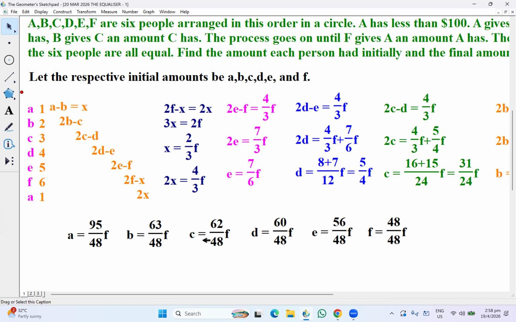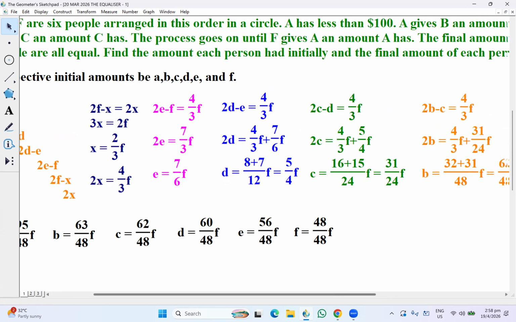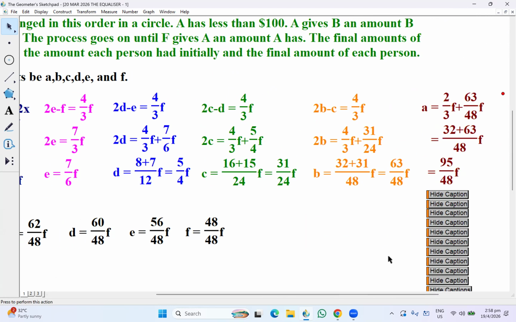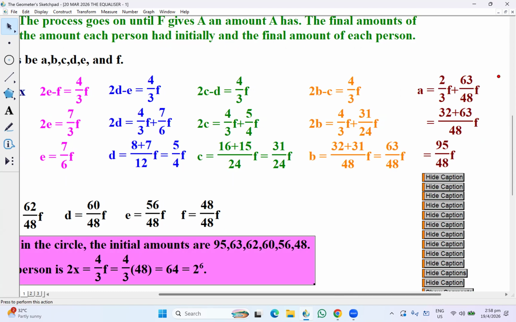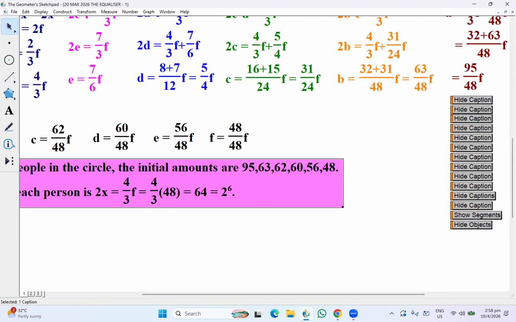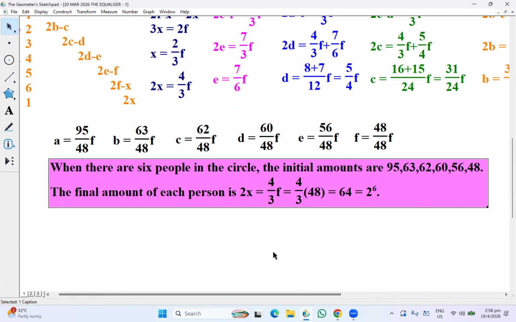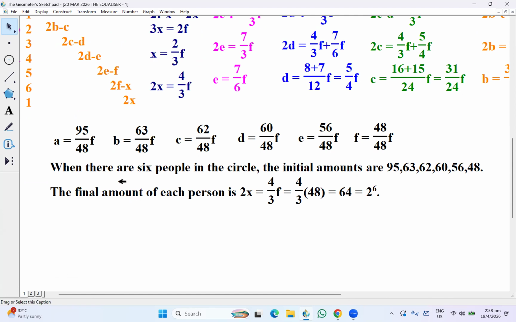Then you get 63, 62, 60, 56, 48. So when there are 6 people in the circle, the initial amounts must be 95, 63, 62, 60, 56, 48.